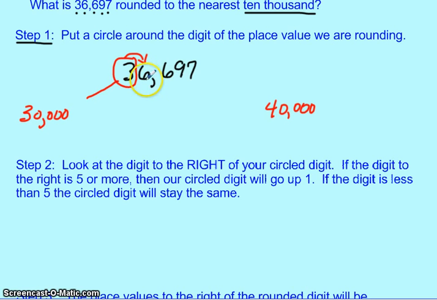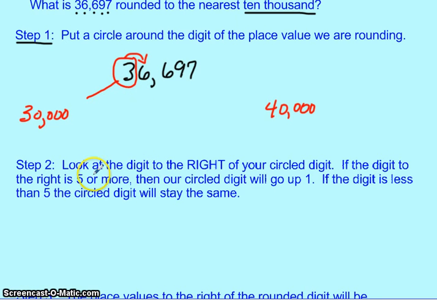So therefore we know that it takes 5,000 to make exactly half of one 10,000. So if we know we're at least halfway, 5 or more, we know that we are going to be closer to 40,000. If we're less than 5, then we would be closer to 30,000.